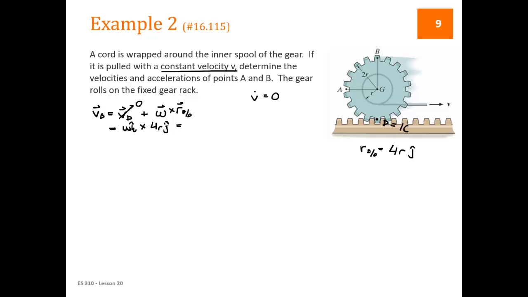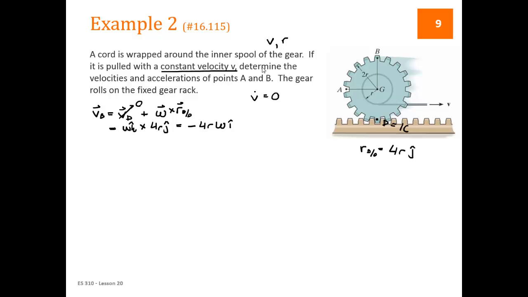Positive K into positive J gives a negative I hat, so negative 4R omega in the I hat direction. Now, do we know anything about omega? We'll need to figure out something about omega, because we're allowed to use V and R in our equations, but not omega.